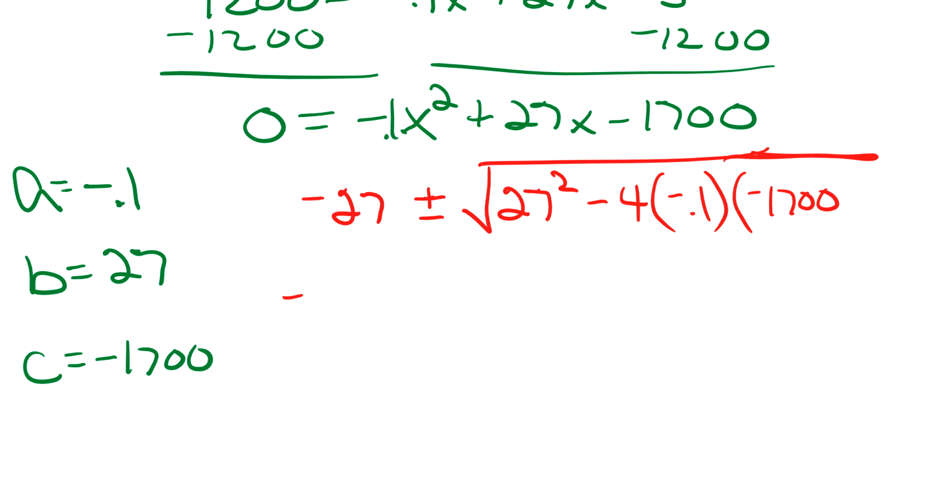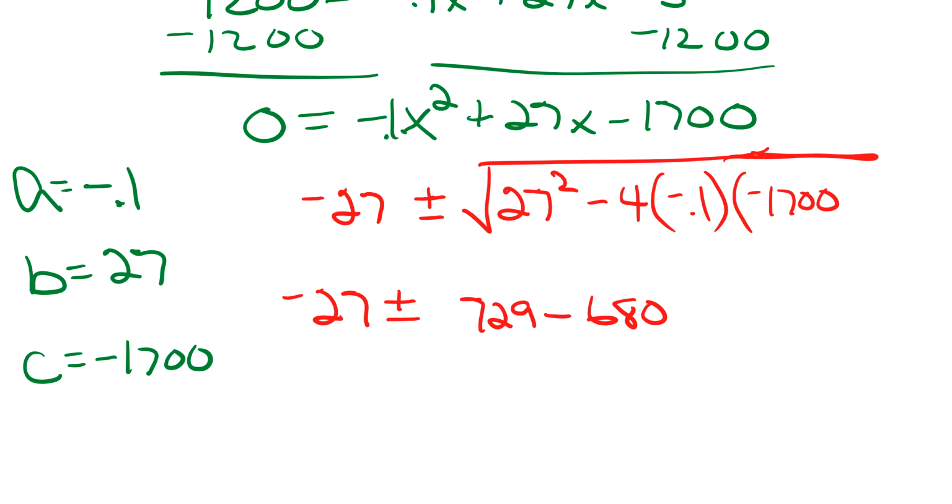All right, so I've got negative 27 plus or minus, and then here it's going to be 27 squared, which is 729 minus, and this minus is this minus, that sign. This will end up being positive. So it's going to be minus 4 times 1700 times negative 0.1, which, doing the arithmetic there, should give you 680.